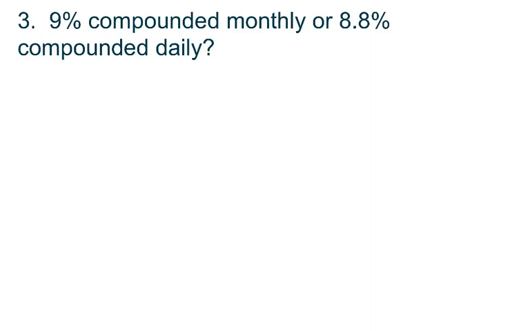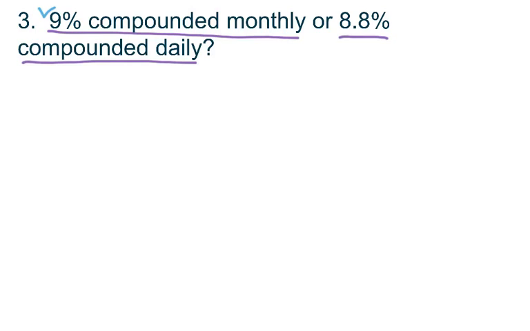Okay, the next one, 9% compounded monthly, or 8.8% compounded daily. Compounded daily sounds like a good deal, doesn't it? Let's see which one wins. So let's do the first one.